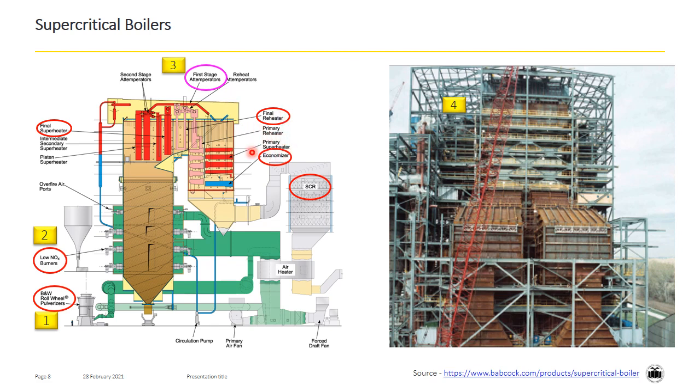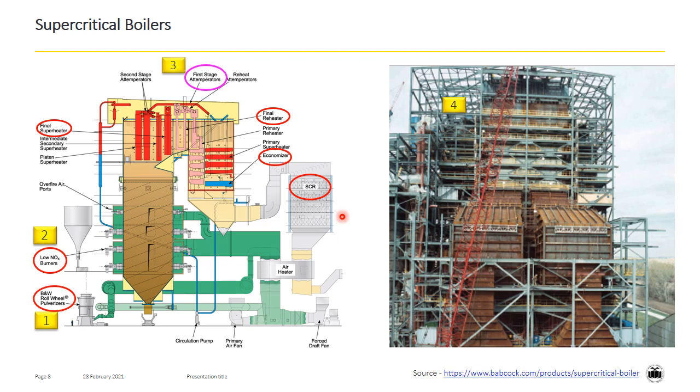Then there are some conventional parts like economizer, superheater, and reheater that you have already learned in subcritical boilers. SCR, the selective catalytic reduction technique, is also available in subcritical boilers.